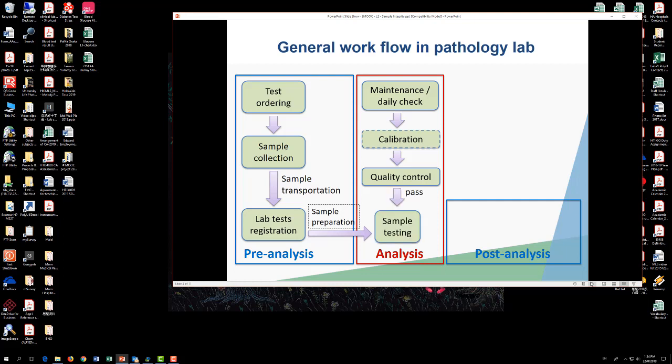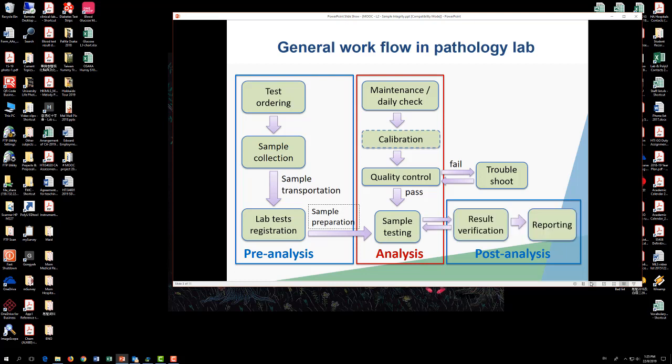If the quality control passes, we will test the sample. If quality control fails, we will troubleshoot, recalibrate, and then do the quality control again until it passes. Then we will test the sample.